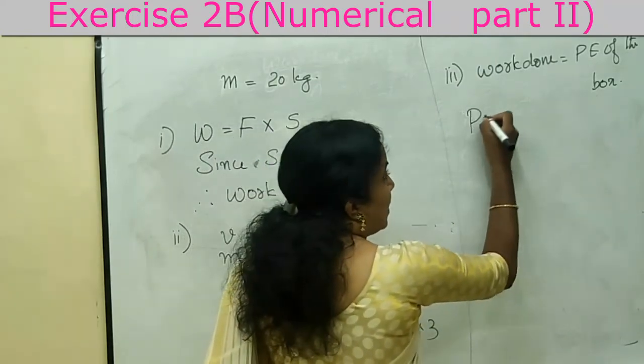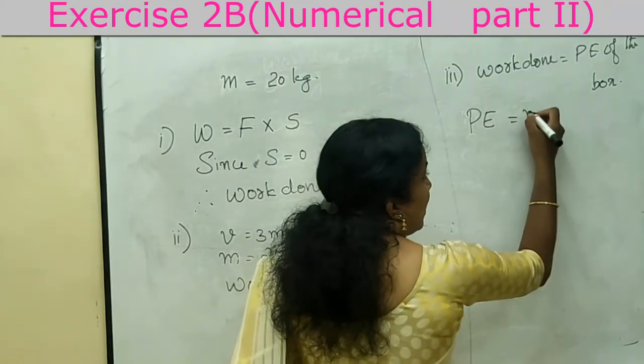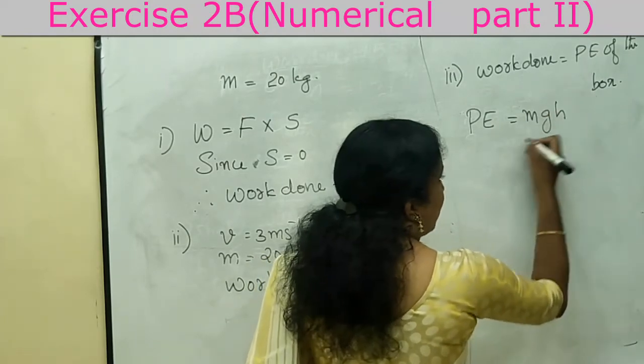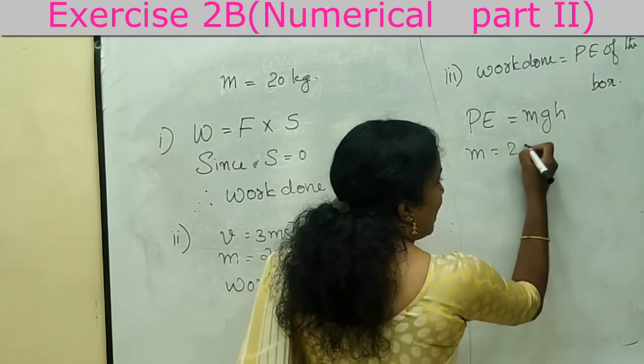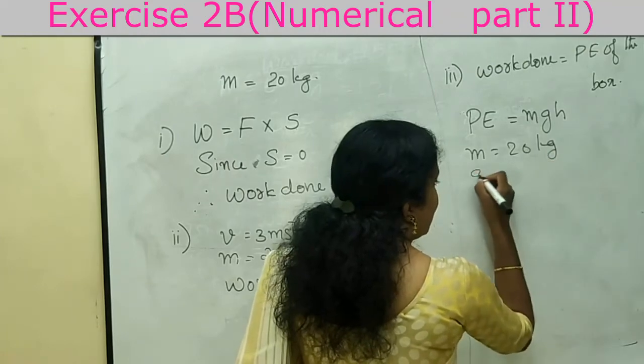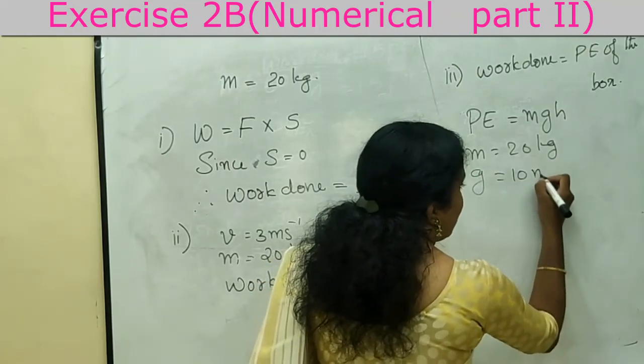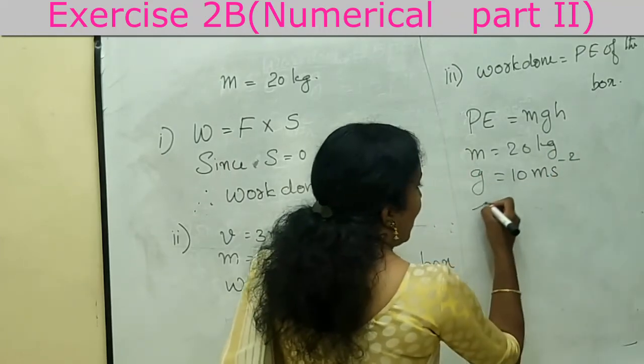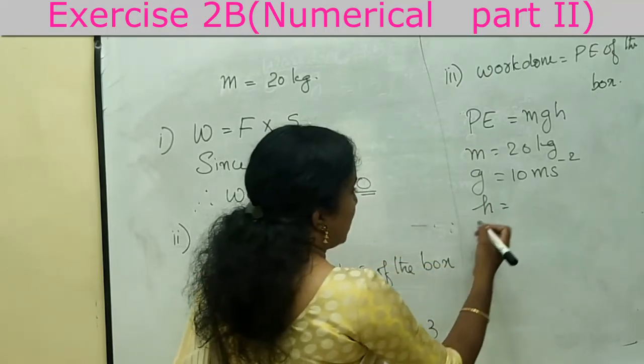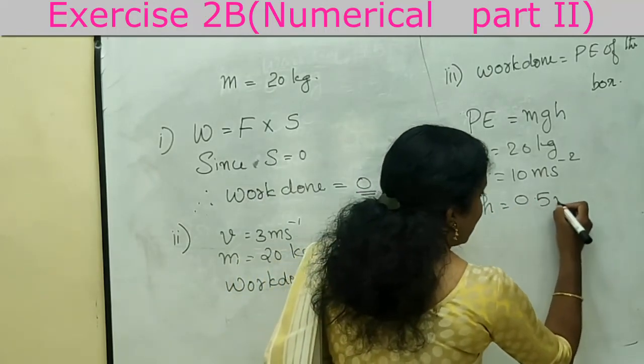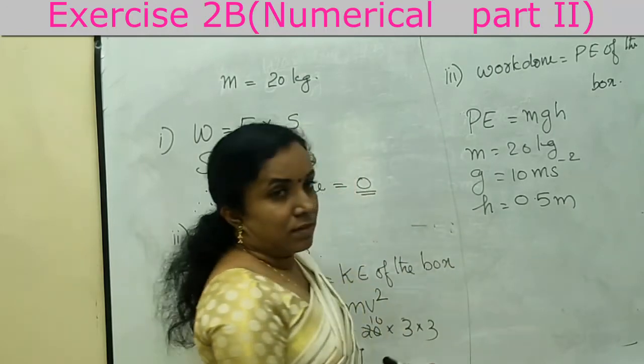What is potential energy? It is mgh. Here mass is 20 kilogram, g is 10 meter per second square and h is 0.5 meter as in the question.